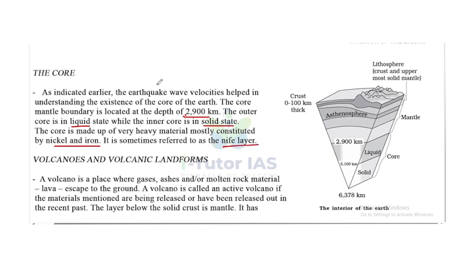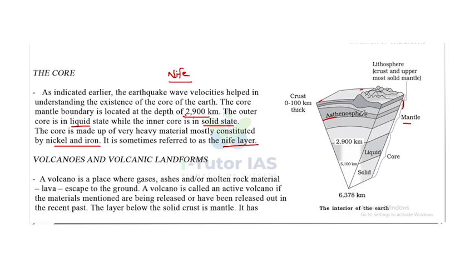So this is made up of nickel and iron, that's why it's known as Nife. Look at this picture. The top layer is crust. Then this is mantle.